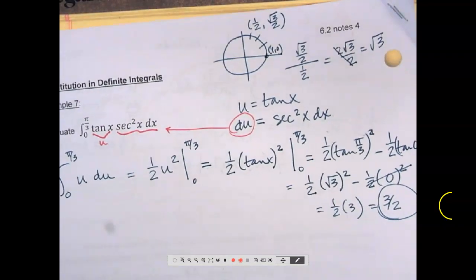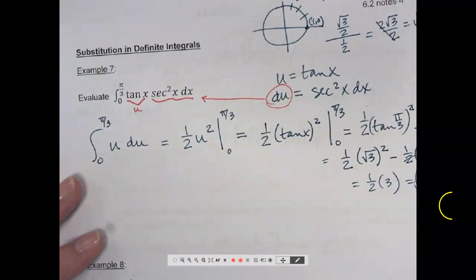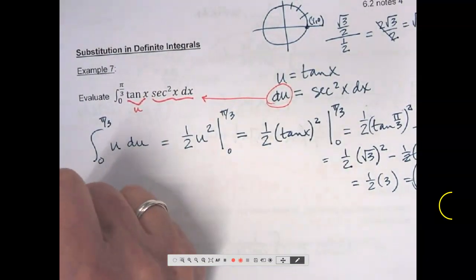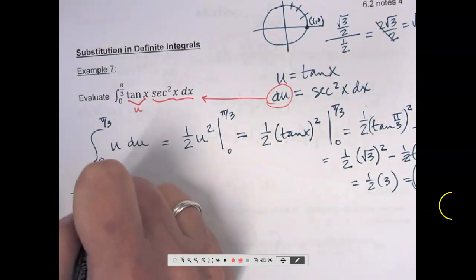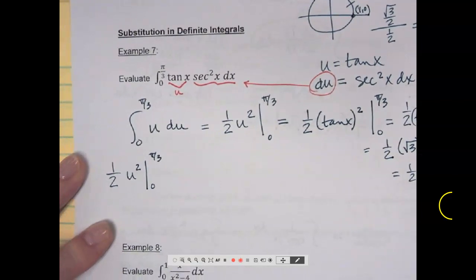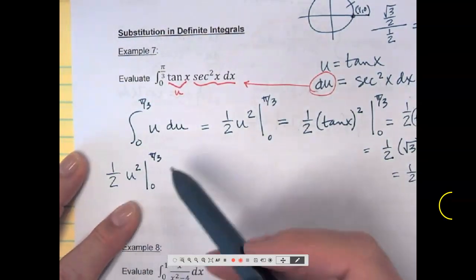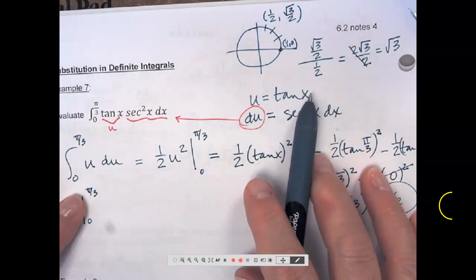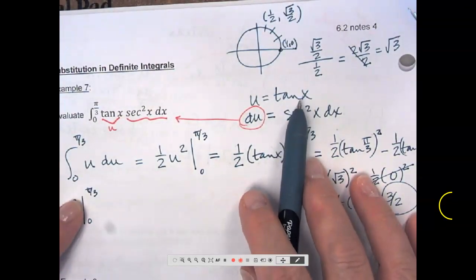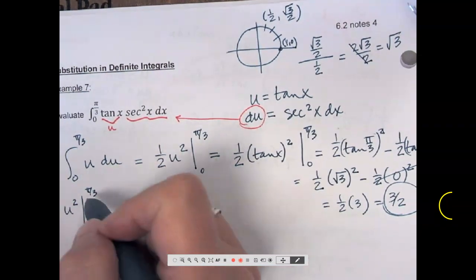Okay, here's the other way that you can do this. I can take 1/2 u squared from 0 to pi over 3, and instead of subbing tangent in here, I can go ahead and find tangent of pi over 3 and tangent of 0, and then plug those answers in here.